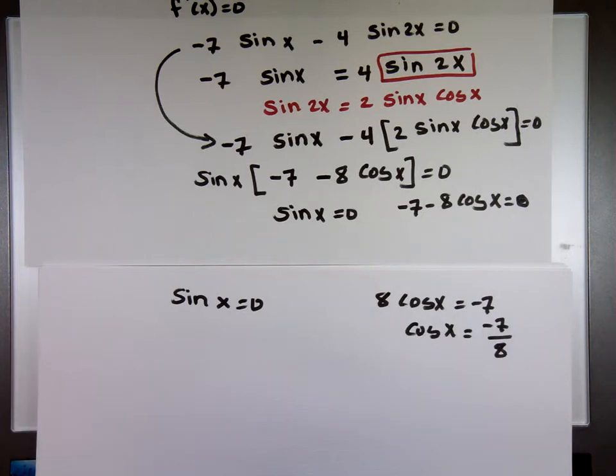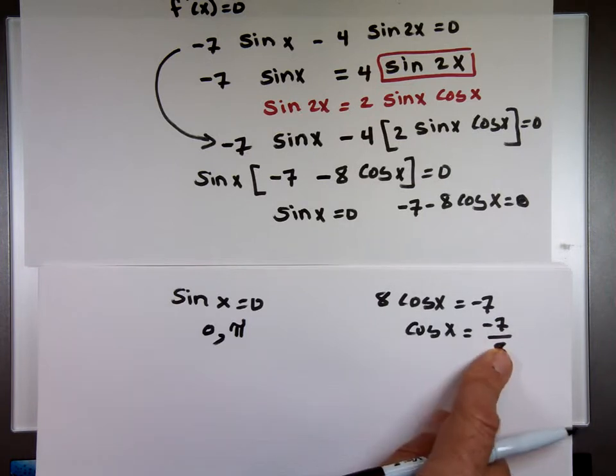Now, sine of what is 0? 0 or what? Pi. Between 0 and 2 pi, 0 and pi. Well, 0 is one of the endpoints, so I don't have to worry about it. Cosine equals negative 7 over 8. What's x?